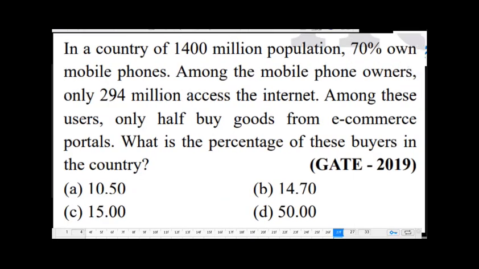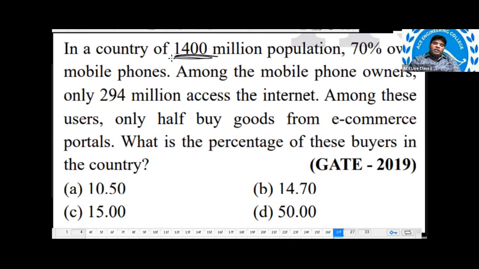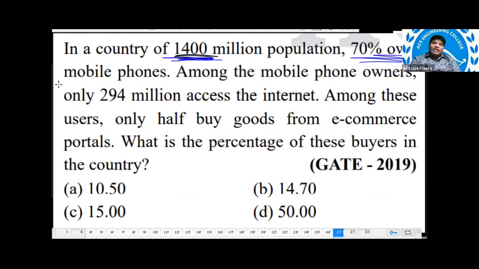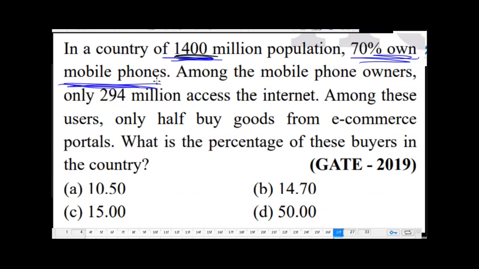In a country of 1400 million population, total population 1400. And 70% own mobile phones. Among the mobile phone owners, only 294 million access the internet.